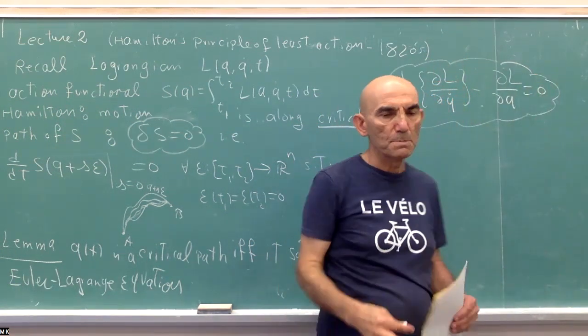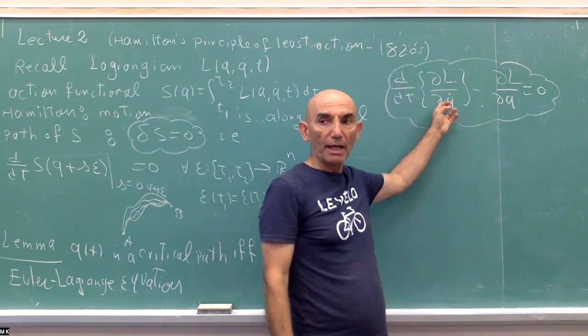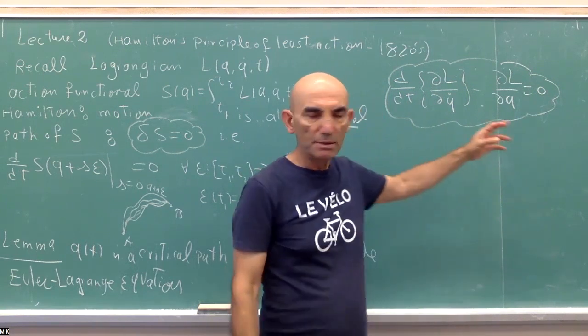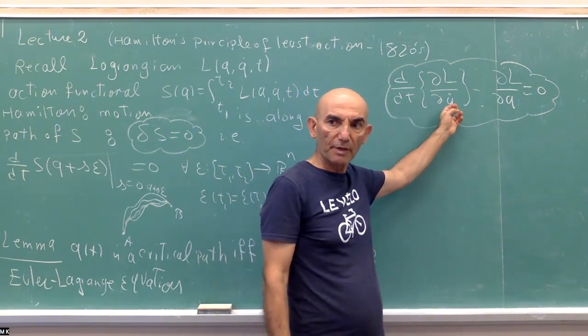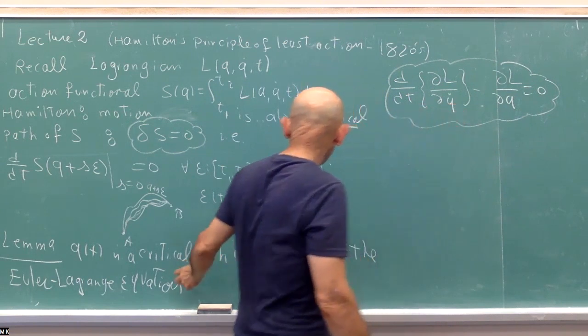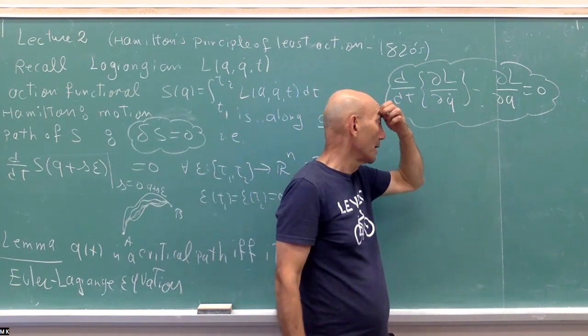Okay. So here, of course, we are thinking of L as a function of independent variables q, q dot, and t. And this is the partial derivative with respect to the second variable. And then you substitute in q, and it has to satisfy this equation.